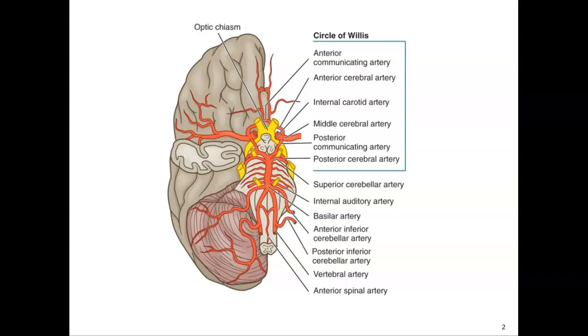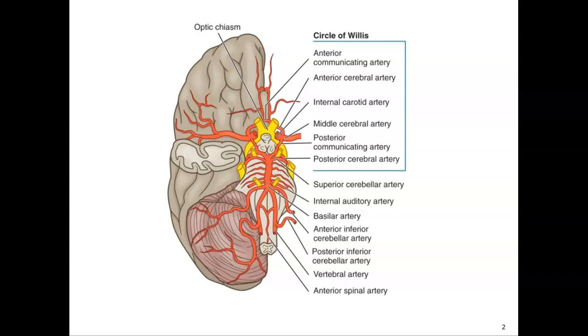So strokes occur when there is ischemia or a hemorrhage in the brain. It's also called a brain attack, a CVA. Basically, blood is supplied to the brain by two sets of major arteries, okay? We have the ICA, which is the internal carotid arteries, the MCA, which is the middle cerebral arteries, and the anterior cerebral arteries.